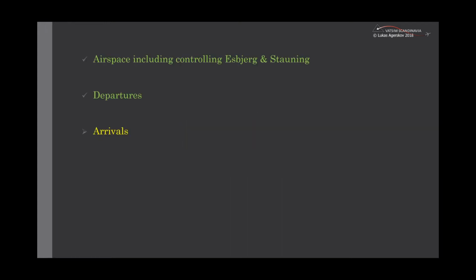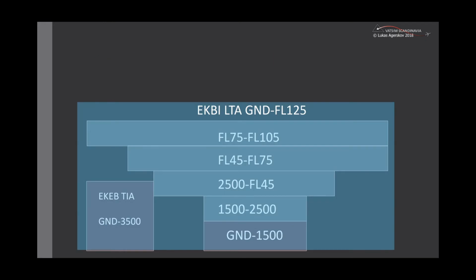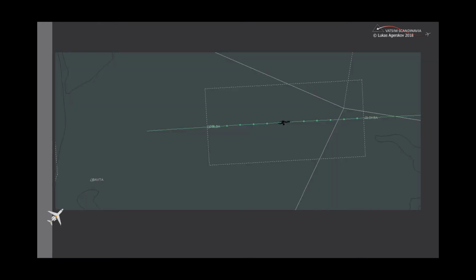Looking just quickly at the arrivals, it's the same structure. Since you have an area of responsibility until flight level 125, you get aircraft from Copenhagen at flight level 130 normally. Here you must know that Billund has no STARs. Aircraft are approaching the last point of their flight plan, and then they expect vectors, or they get given one of the two direct points, which normally are located on the final, either Loksa or Gelba.